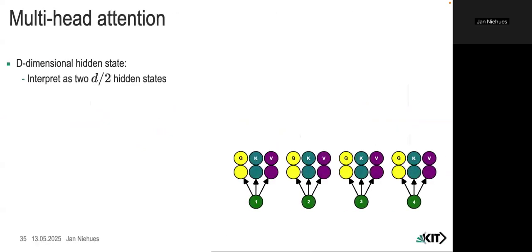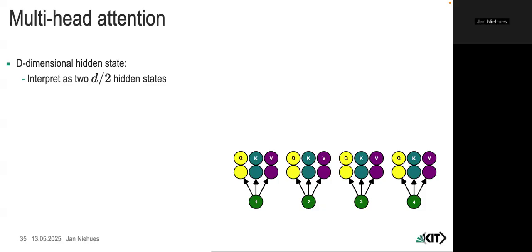So how can you implement it? The nice thing is we can do the implementation with exactly the same number of parameters, just a bit of different computation. We have our query, keys and values, and they are just d-dimensional vectors. We can now internally think of these d-dimensional vectors as 2 vectors.